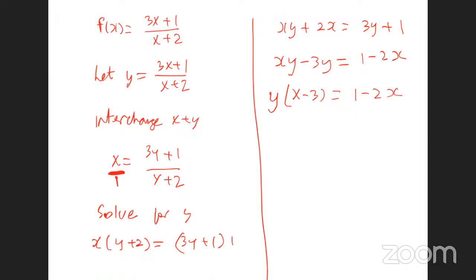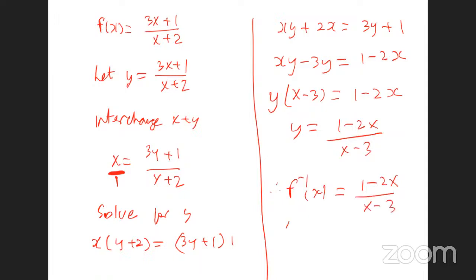And then you want to get y by itself. So you're going to move across the x minus 3. So that is your answer. Some people may have 2x minus 1 over 3 minus x.